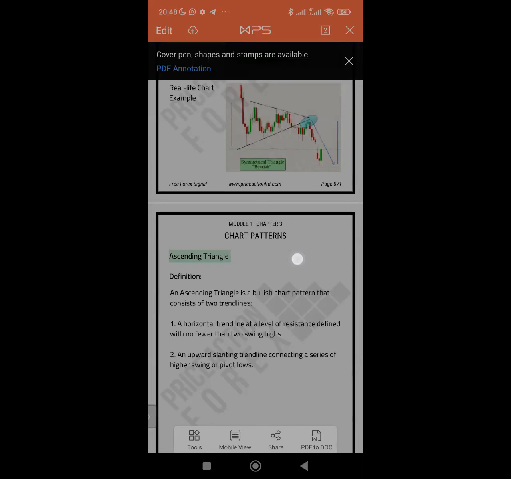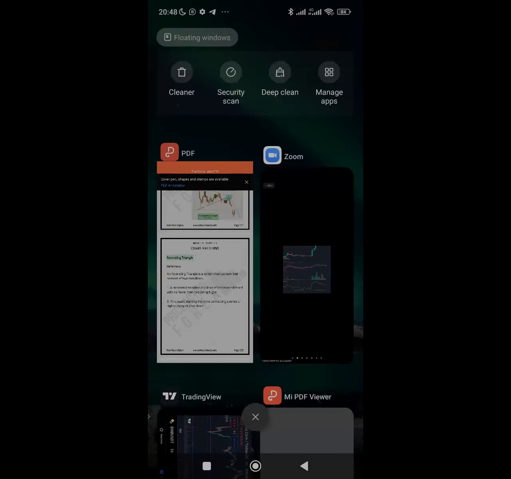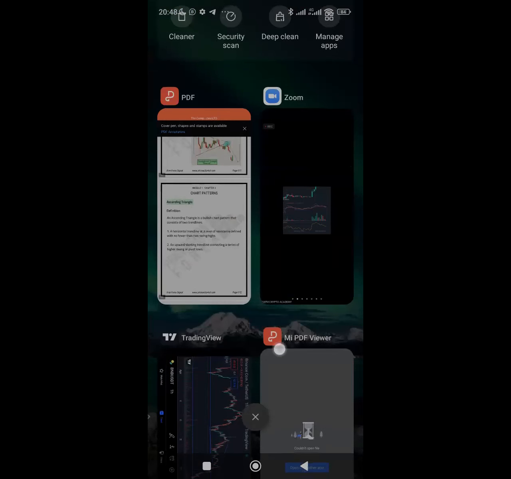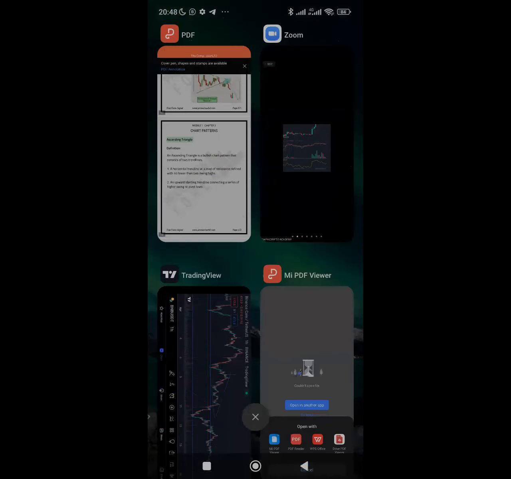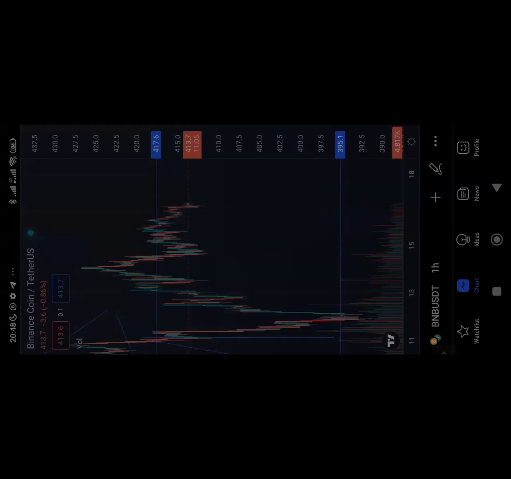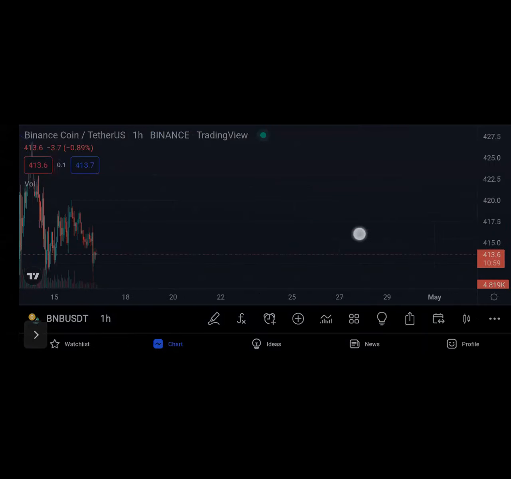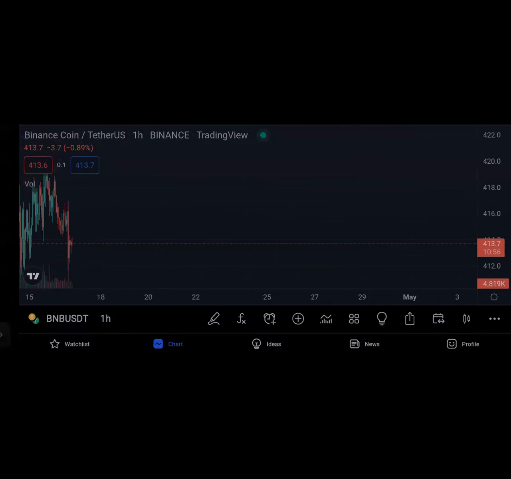This is very simple. Before I even show you, let me just go and draw what they are trying to say, based on what I read here and also what I know of the ascending triangle. They said a horizontal resistance.